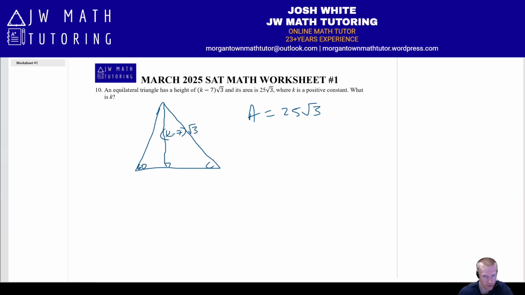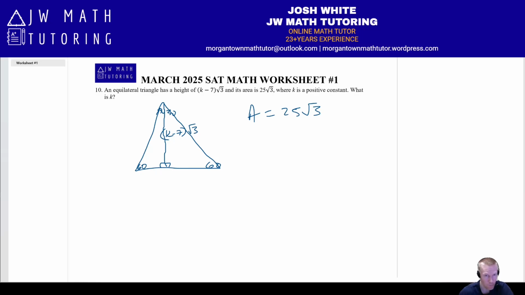Notice since it's equilateral, this is 60, this is 60, and also up here this 60 is split into 30 and 30, because when you have an equilateral triangle and you draw its height down the middle, it splits it into two congruent 30-60-90 triangles. All right, so the way that I would do this is I would note that this height is across from the 60-degree angle.